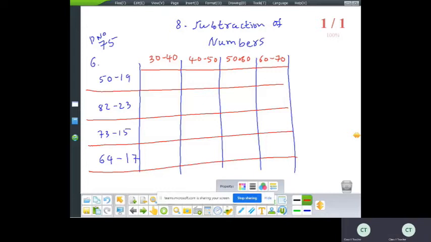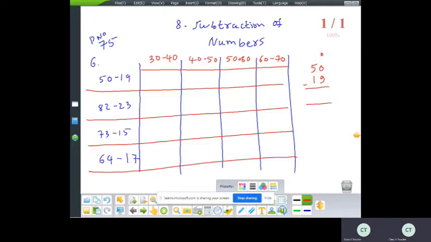See first one, 50 minus 19. First we find the subtraction of 50 and 19. After getting the answer, this answer lies in between which two numbers?